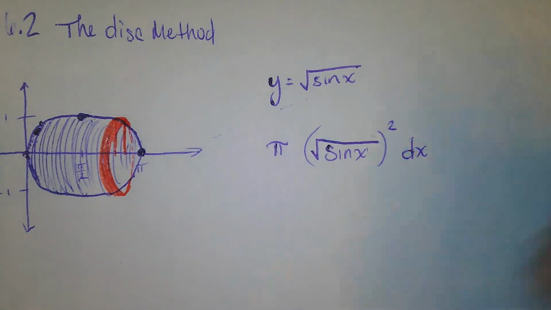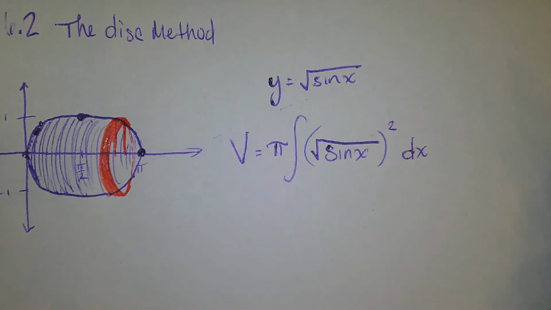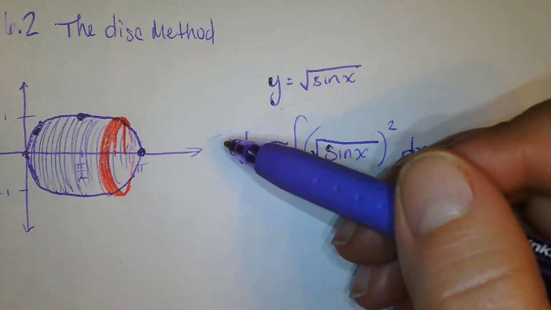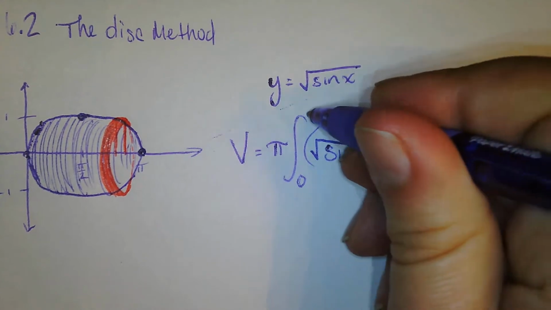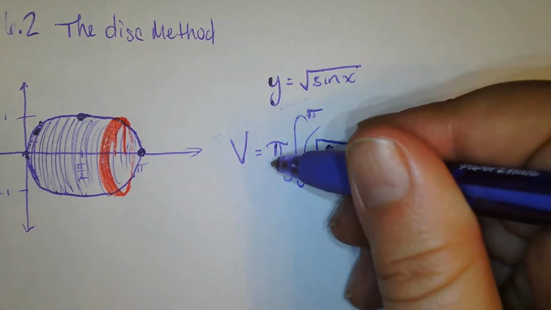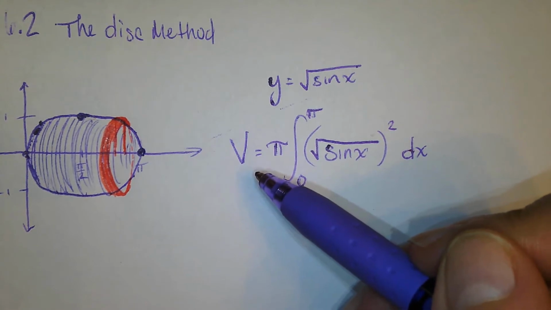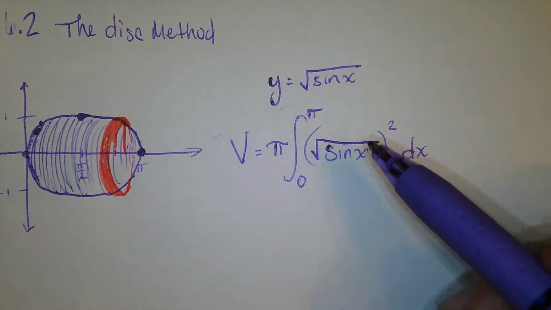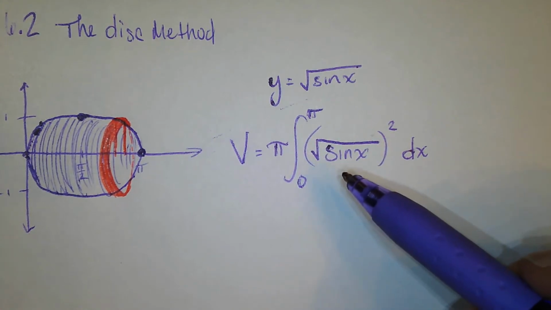And how do we get the volume here? We integrate it, from 0 to pi. The reason I pulled the pi out front is because the pi is essentially a constant, so mathematically it wouldn't make a difference here. But this is all we have to do to get this.